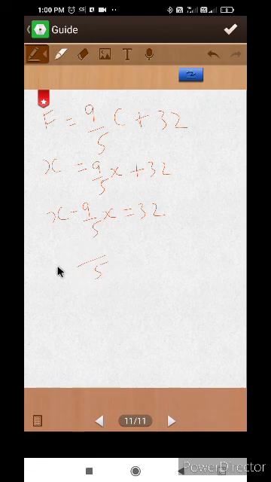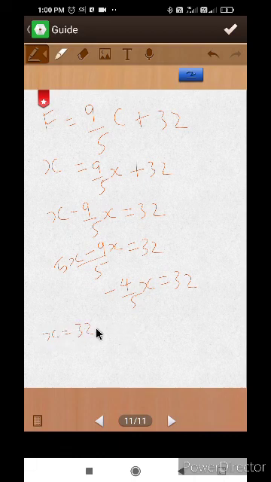So 5x minus 9x equals 32. So we are getting minus 4 upon 5 x equals 32. So x will be equal to 32 into 5 upon minus 4.